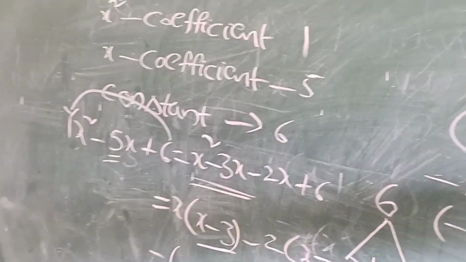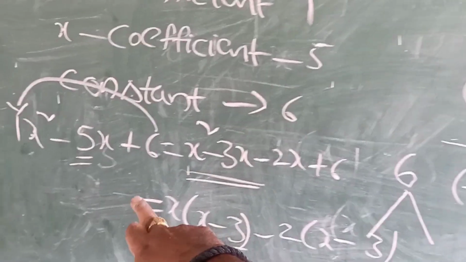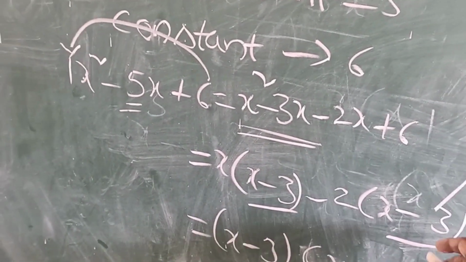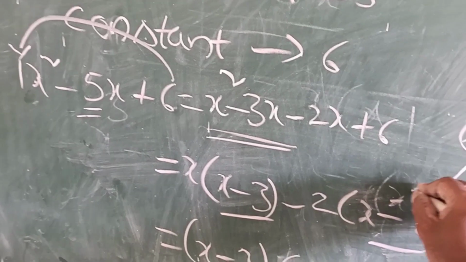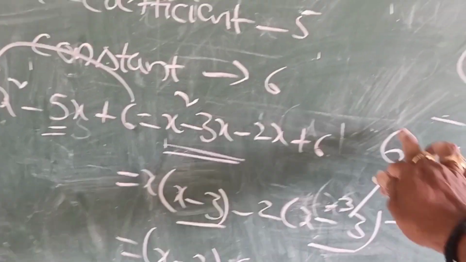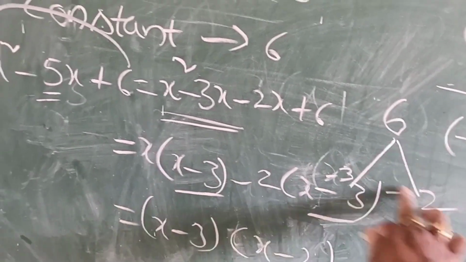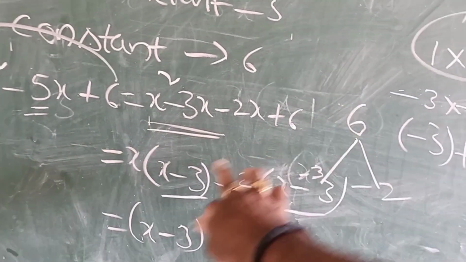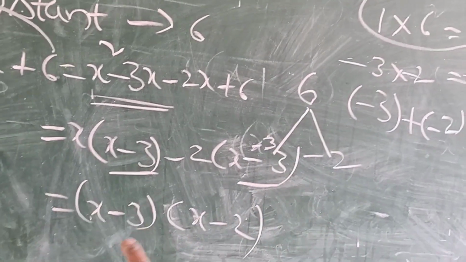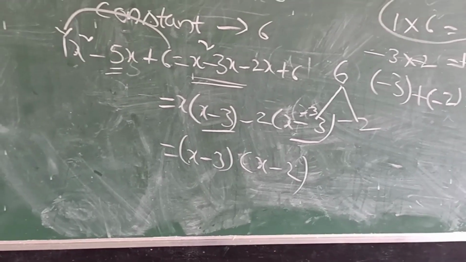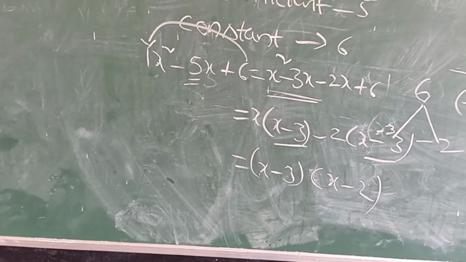So we are selecting the factors of 6 in such a way that the product is plus 6 and the sum is minus 5. Therefore, minus 3 into minus 2 is plus 6 and minus 3 plus minus 2 is the coefficient of x, minus 5. Therefore, x square minus 3x minus 2x plus 6, x into x minus 3 minus 2 into x minus 3. Again x minus 3 into x minus 2. The factors are x minus 3 into x minus 2.